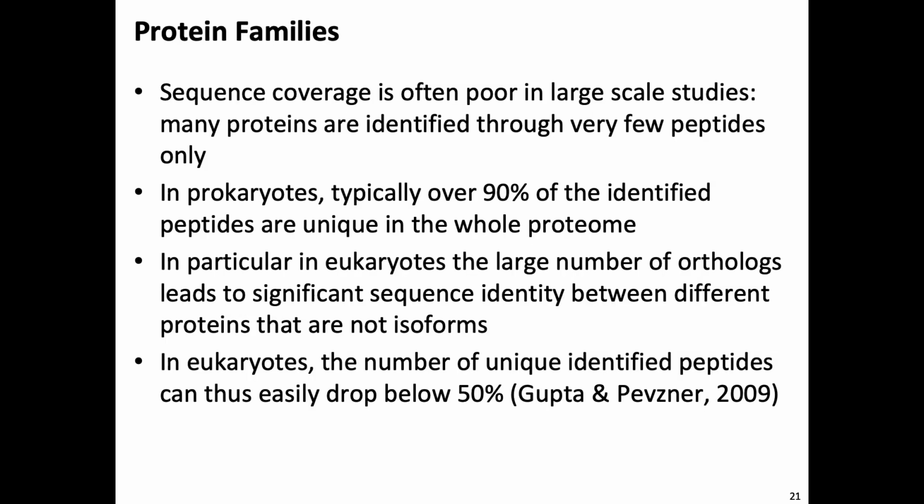The other thing is we often have large protein families, and in these families we have evolutionarily shared peptides. Again, you run into the same problem. In eukaryotes, the number of unique peptides can often drop below 50%, and that makes it very hard to really figure out which proteins are present.